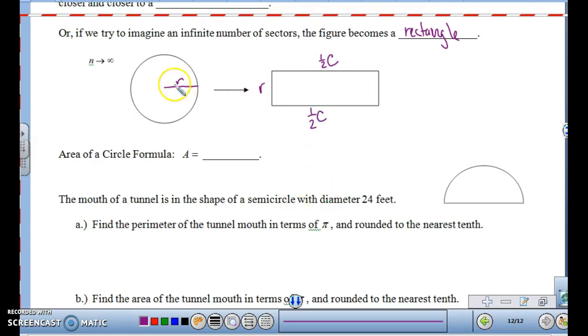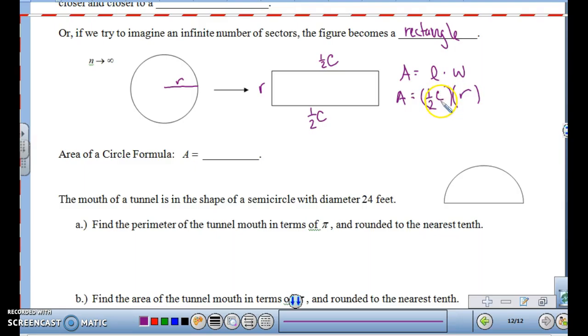So if this put together as sectors becomes a rectangle, we know the area of a rectangle is base times height or length times width. So the length would be 1/2 c times the width, which would be r. Since this is c and this is r, we want the same units.